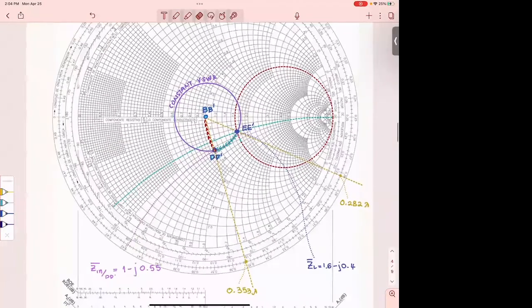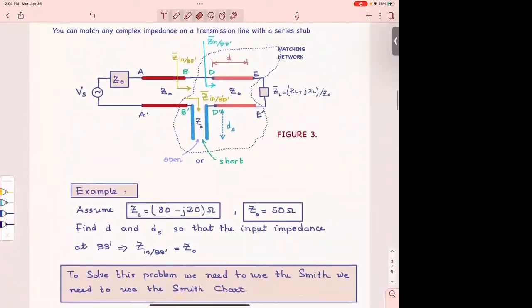So then what do we do? First of all, when you have to solve a problem with a stub, you also have to use a section of a line. You're not gonna put the stub right here at the end. Even a lumped element at the end is usually a bad design, because at the end you're gonna have the place where you make connections to the rest of your load, which could be an antenna.